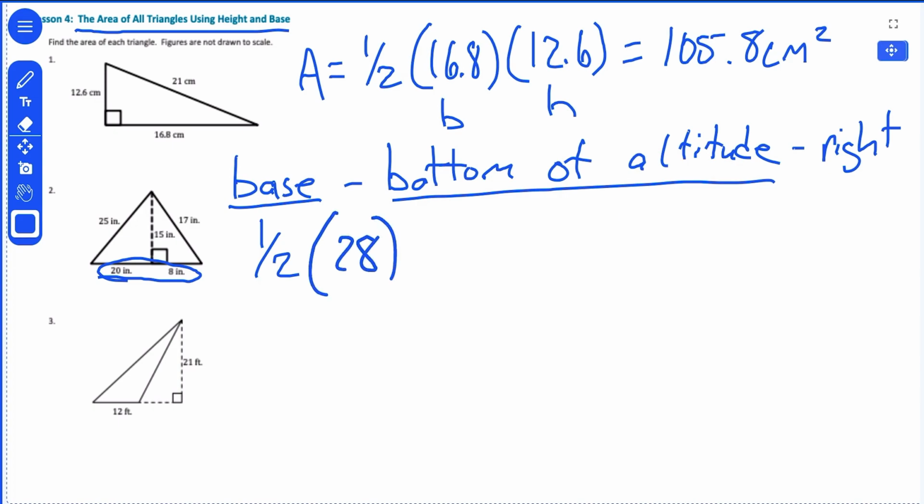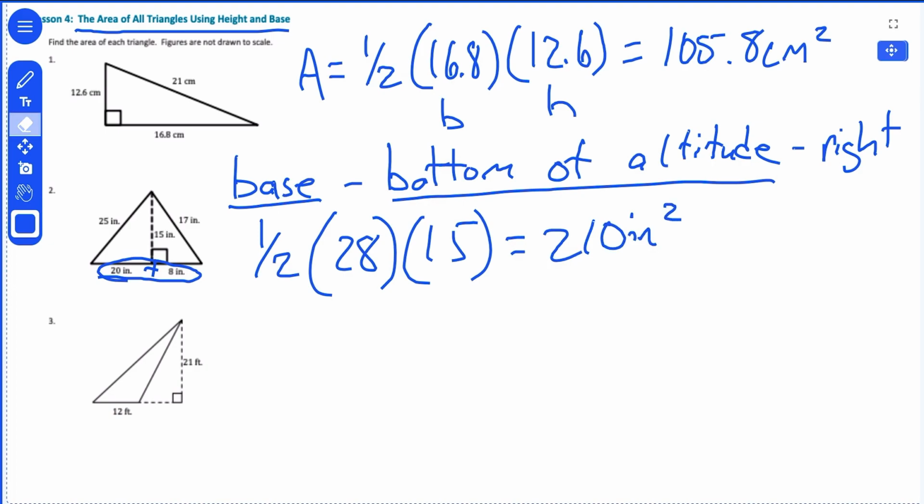If we add those, 20 and 8 is 28. And then times the altitude or the height, which is 15. So we would have 14 times 15, and that is equal to 210 inches squared.